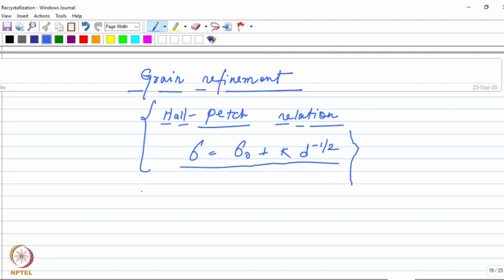So here sigma is the yield strength of the material. Sigma naught is a parameter which is known as friction stress. That represents the overall resistance of the crystal lattice to dislocation movement.